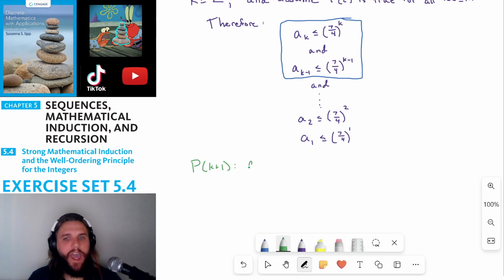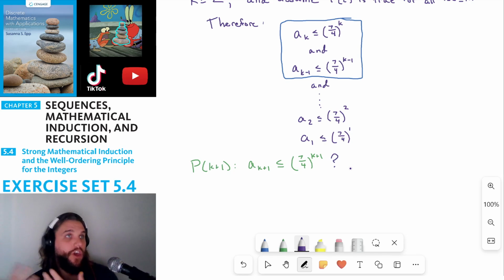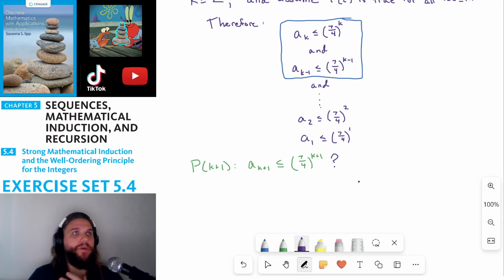This says that a sub k plus 1 is less than or equal to 7/4 raised to the k plus 1th power. Now I'm going to put a question mark here to avoid asserting the conclusion that we want to show. We want this line to be at the end of the inductive step, not the beginning of the inductive step. So I put a question mark there to avoid asserting the truth of anything.